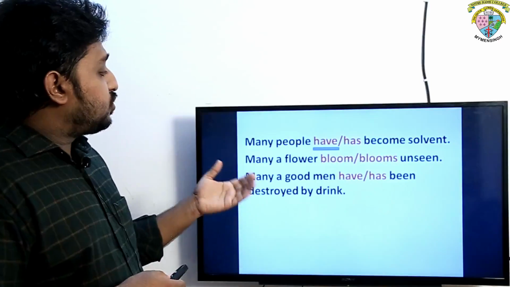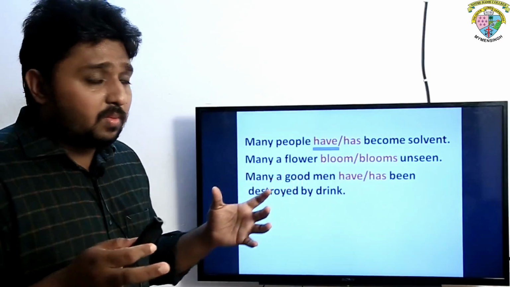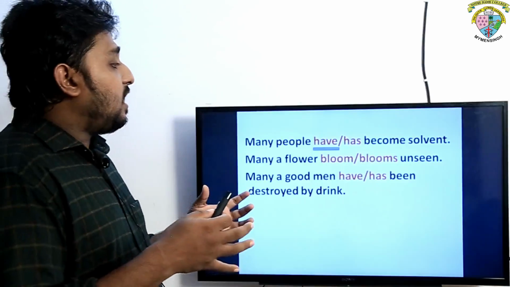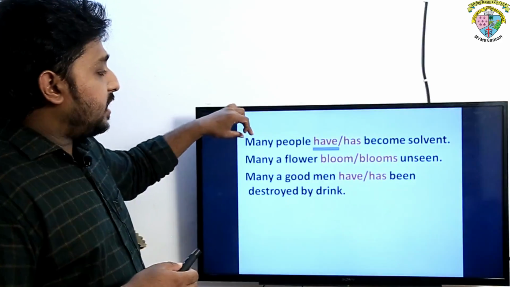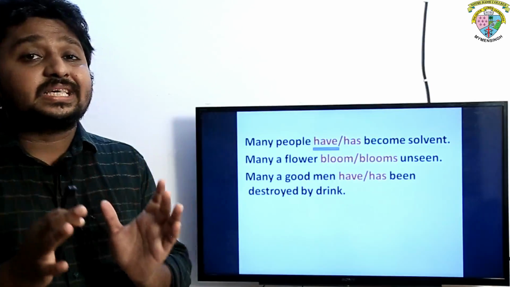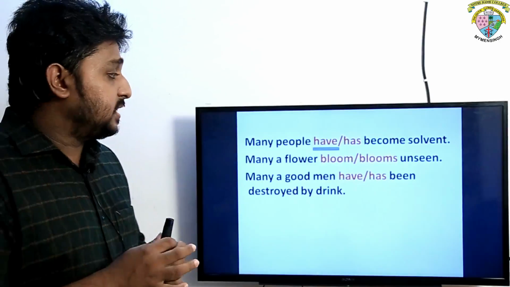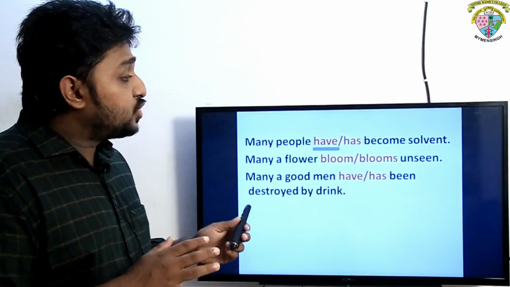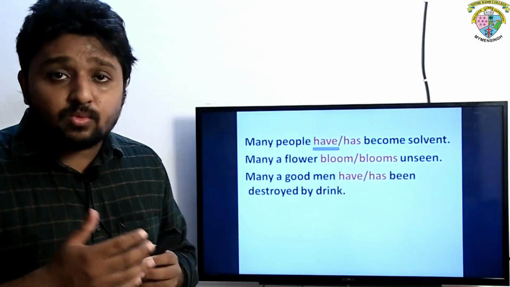In the next two lines we may find some problems. Here we can see many a. When we use many, definitely we have to use a plural verb. But when we see many a in a sentence, we have to use a singular verb. Once again I want to repeat.